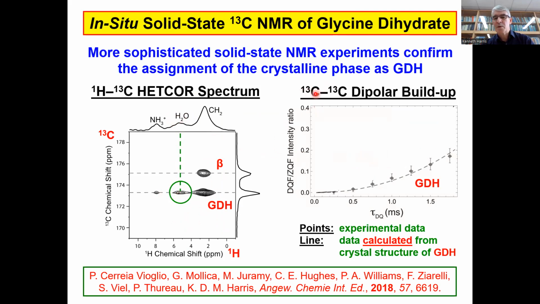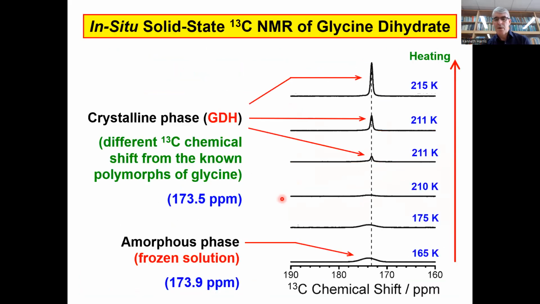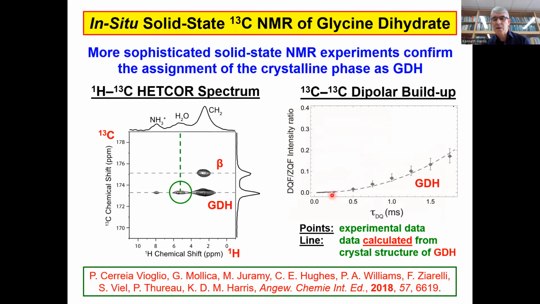And this measurement, the carbon dipolar buildup, so the diamonds here are experimental data points in this type of measurement for the material produced here. And the dashed line is what the calculated dipolar buildup would be like for the known crystal structure of glycine dihydrate.